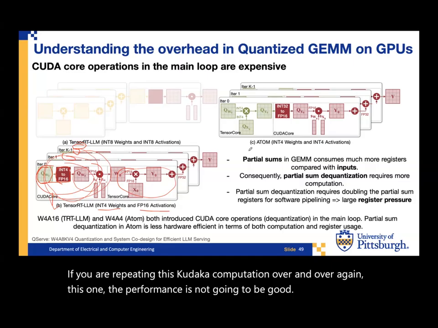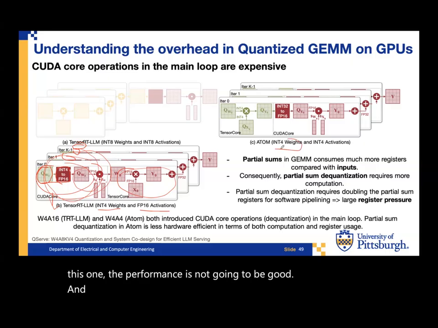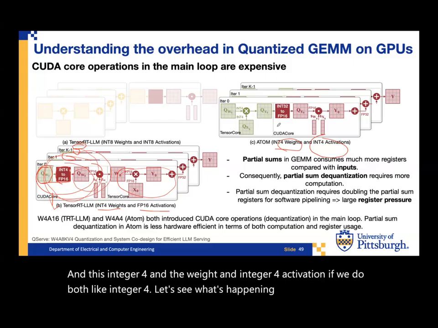And for integer 4 weight and integer 4 activation, if we do both in integer 4, let's see what is the computation happening in the GPU.